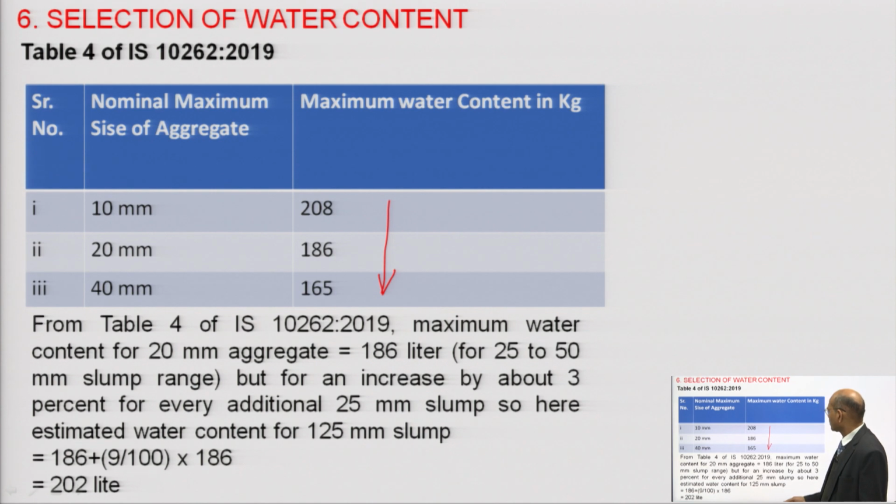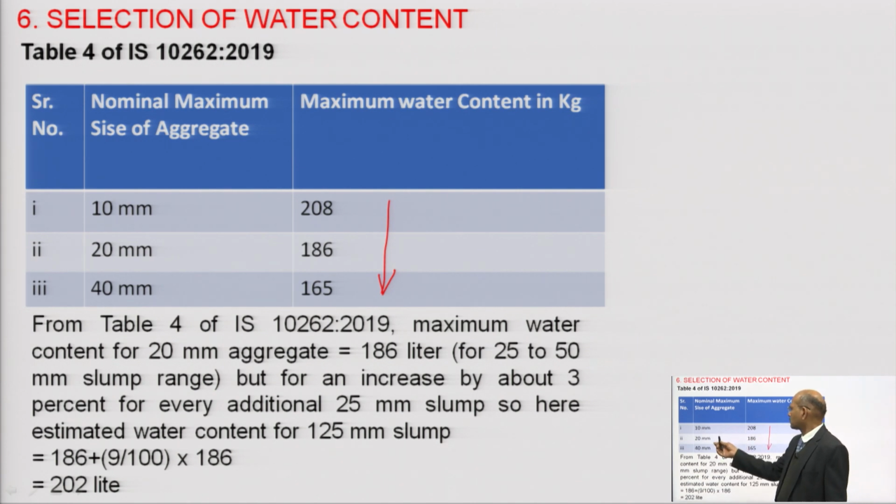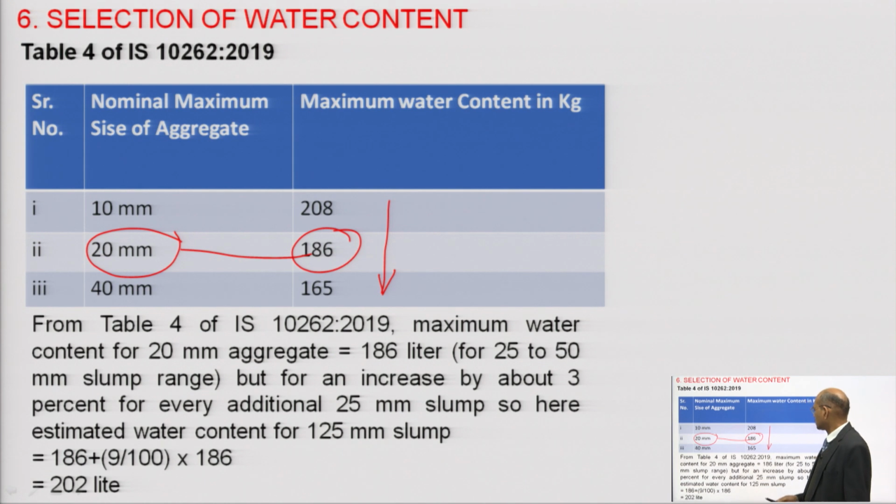So, for our nominal maximum size of aggregate, it is 186. This is for a slump value of 25 to 50 mm.